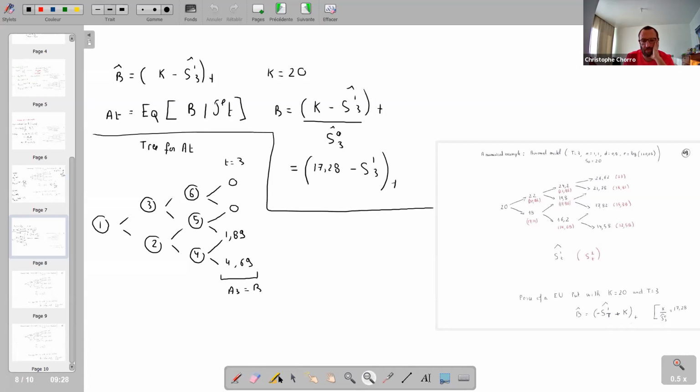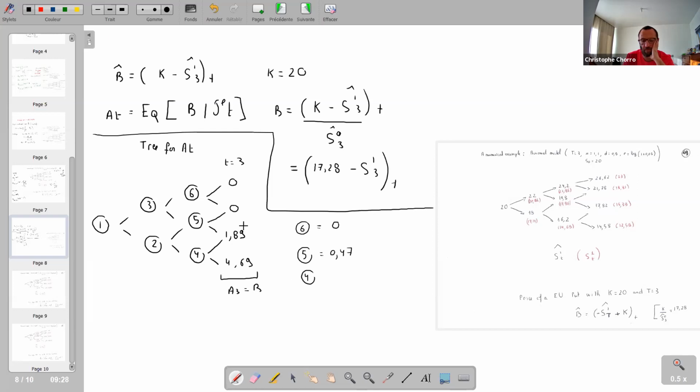So let's see an example. I can do the computation. What will A₂ at node 6 be? It will be equal to 3 over 4 times 0 plus 1 over 4 times 0, that is 0. For node 5, 3 over 4 times 0 plus 1 over 4 times 1.89, and in this situation I will obtain more or less this one.